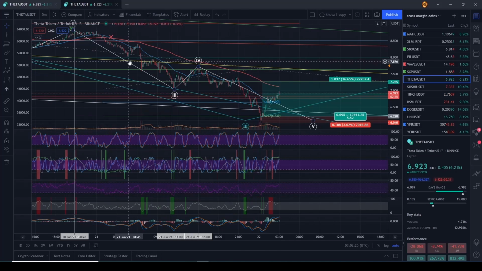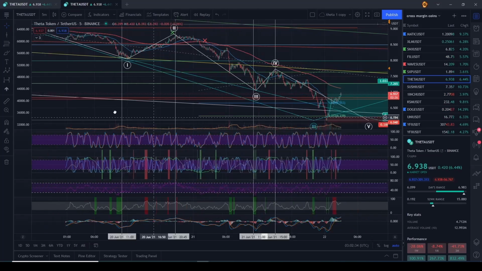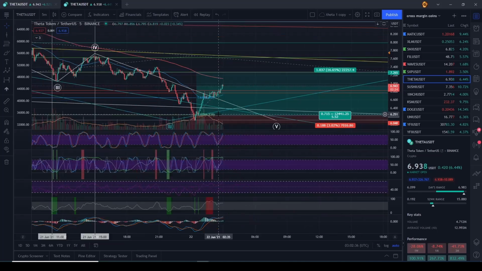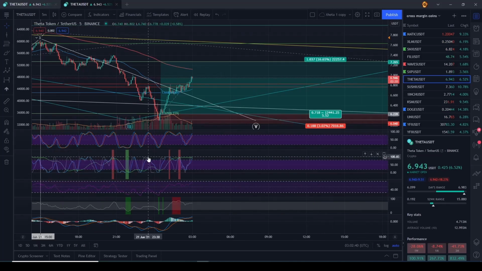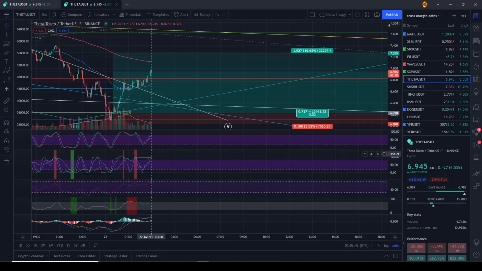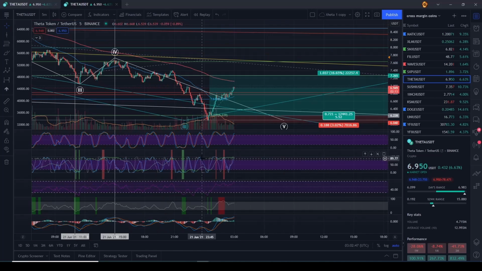But with smaller time frames, sometimes it's hard to see the proportions of the waves. For example, now at the 5 minute, you can see we're having one move up that looks like it's either finished or it can continue.